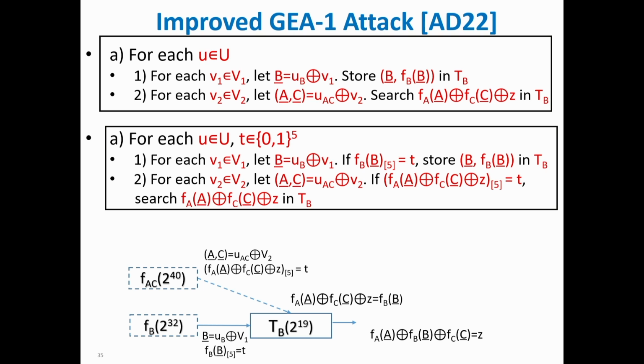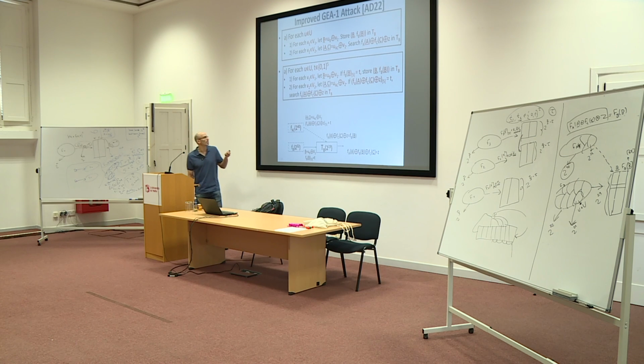So the output prefix here should be equal to the output prefix here. And only if it equals, then we actually search the table. So that's a straightforward attempt to apply the clamping through precomputation technique to this algorithm. We're just taking an outer loop over the 5-bit output prefix, and we adjust the steps accordingly.